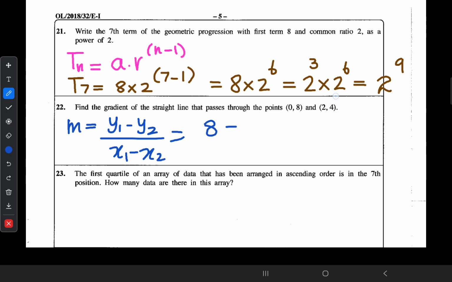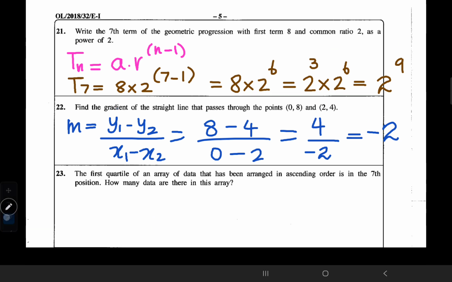The y value of the second point is 4. So 8 minus 4, divided by x1, which is 0, minus x2, which is 2. 8 minus 4 is 4, 0 minus 2 is minus 2. 4 divided by negative 2. The gradient would be negative 2.